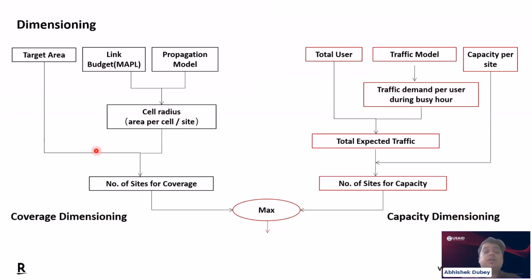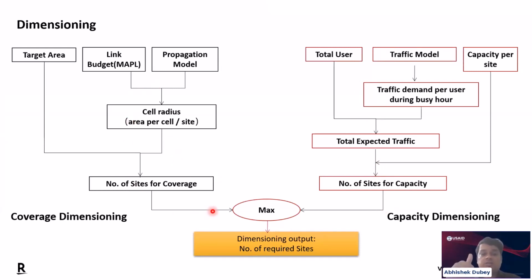You have to calculate both, and finally whichever gives you the maximum number will be the final dimensioning output, or number of sites required. Let's say from coverage dimensioning you have received 1000 sites required in that area, and from capacity, let's say you have received 1200 sites.